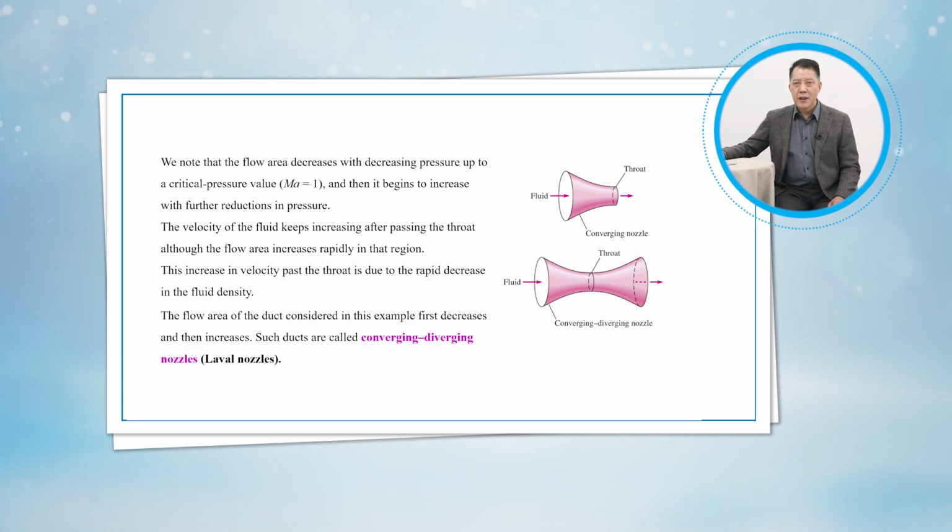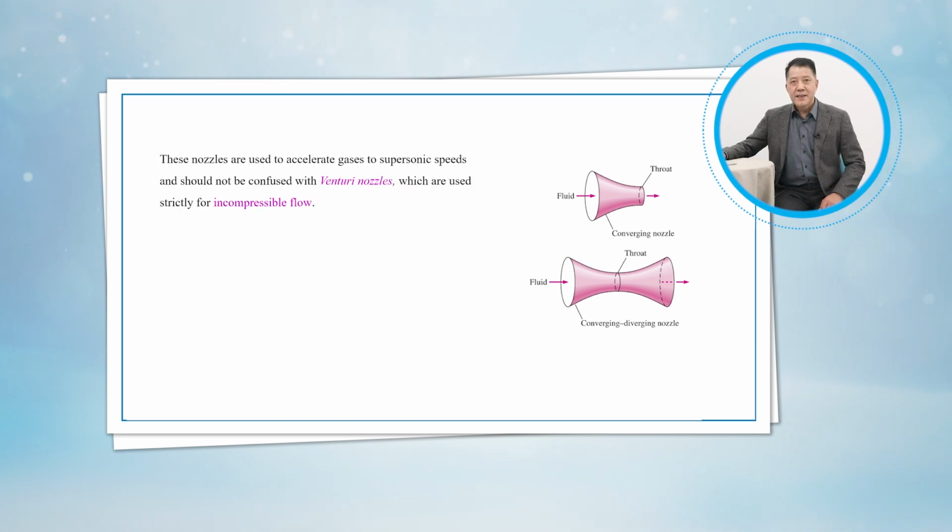The flow area of the duct considered in this example first decreases and then increases. Such ducts are called converging-diverging nozzles. These nozzles are used to accelerate gases to supersonic speeds and should not be confused with Venturi nozzles, which are used strictly for incompressible flow.